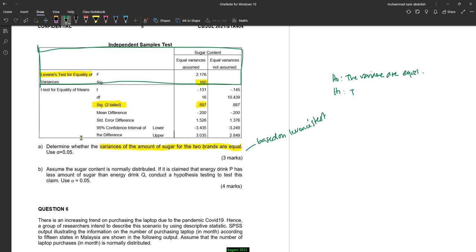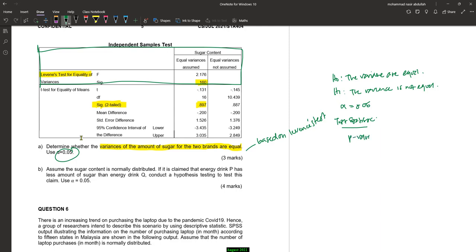Alternative hypothesis, the variances are not equal. Alpha 0.05, because it says 0.05. Test statistic, we look at the test statistic. Levene's test F value is given here, but we look at the P value here.